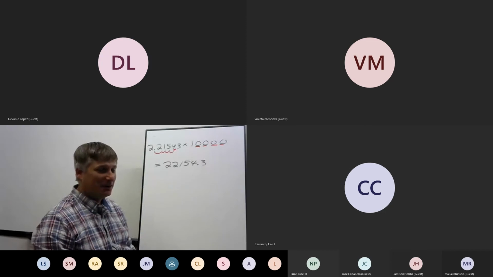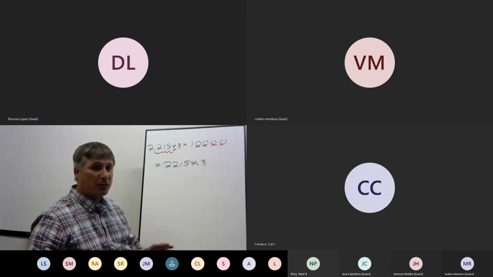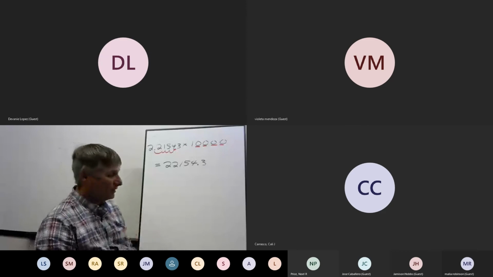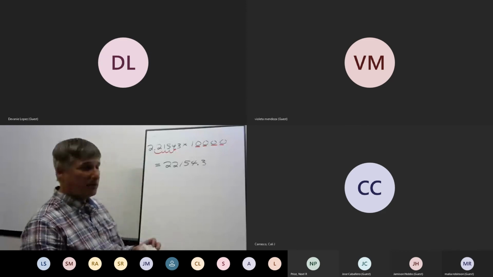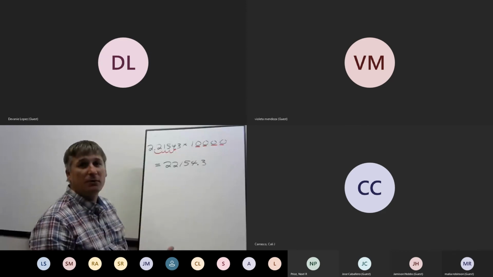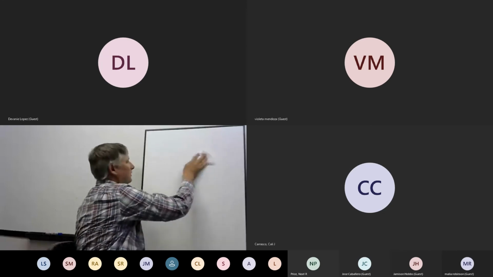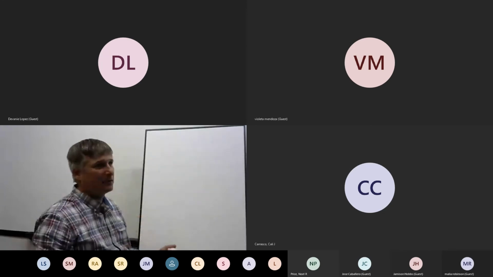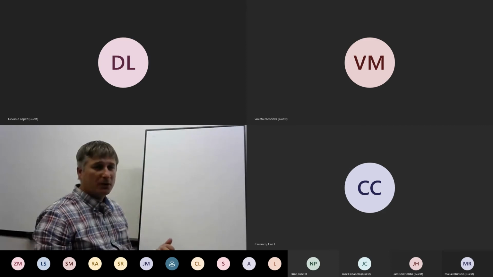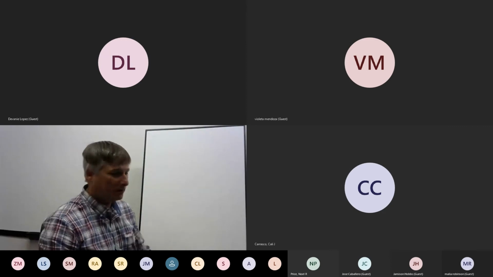Watching the chat too. All right, no questions so far. Now, dividing, same thing, except we're going to be moving the decimal to the left. But it's going to follow the math tricks that we just used, counting the number of zeros. We're going to use that for dividing also.